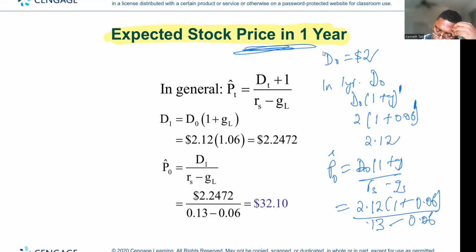If we do that, then we'll end up with 32.10. So what is the expected stock price in 1 year? It is going to be 32.10.